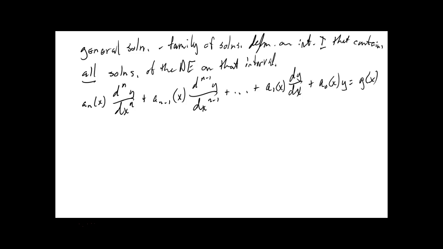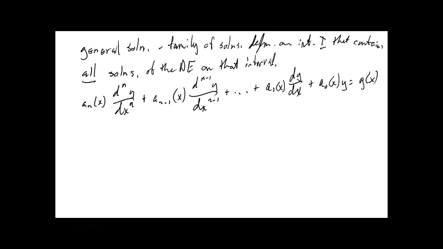It's just some function of x. It may not even have an x in it, it may have just a number, it may have 0 as the number, but it's some function of x. The key is there are no y's in any of these coefficient functions, only x's.